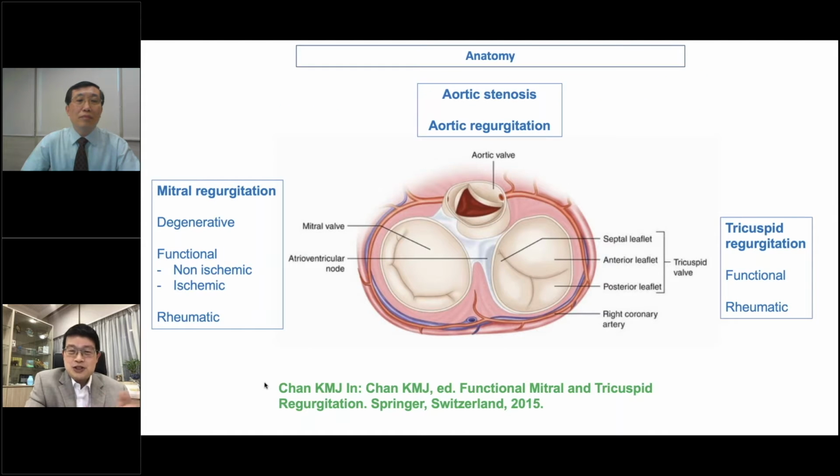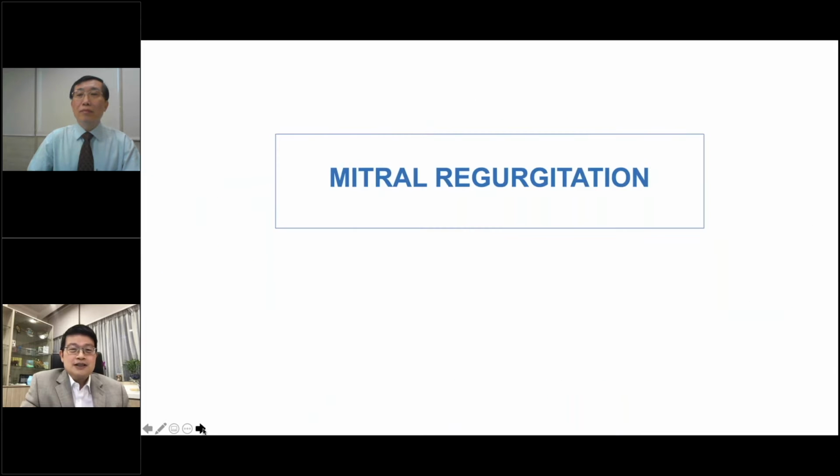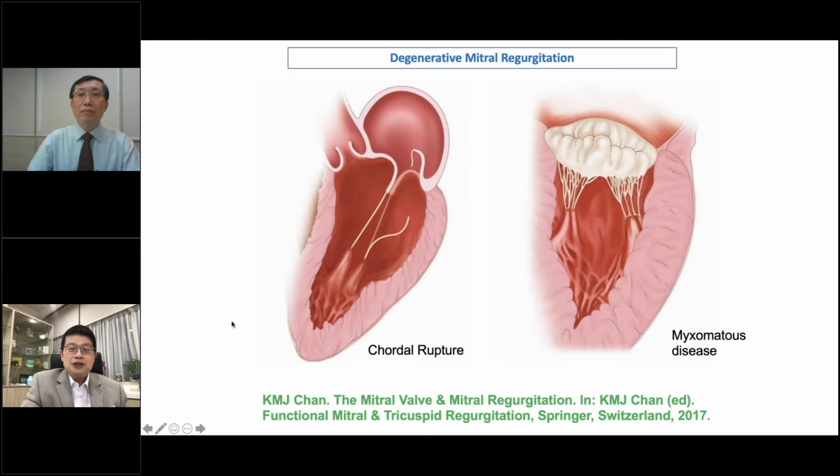There are 4 valves, as we know, and 3 of them cause problems in adult patients: the aortic valve, the mitral valve, and the tricuspid valve. If we start with mitral regurgitation first, degenerative mitral regurgitation is the most common cause in this country.